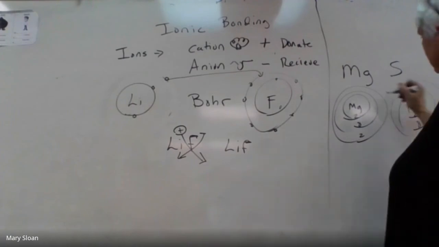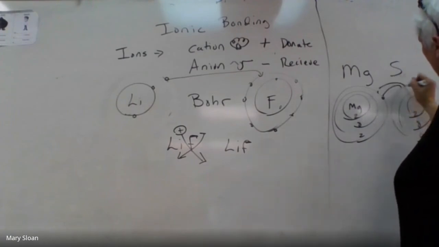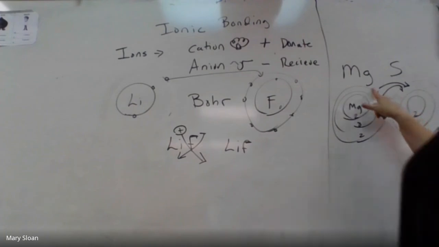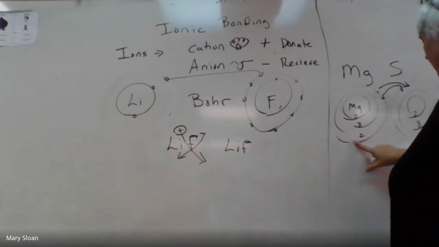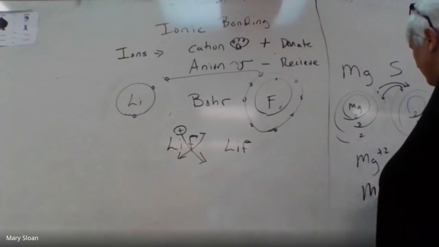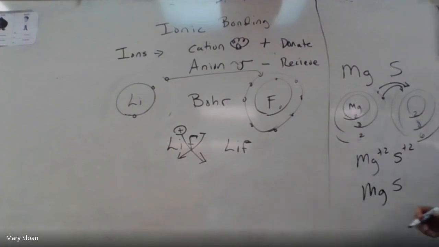So what happens is these 2 will come over here and donate to make this 8. This will go down, and it has 8. And if we do the crisscross method, which is Mg plus 2, S minus 2, then my answer is MgS.